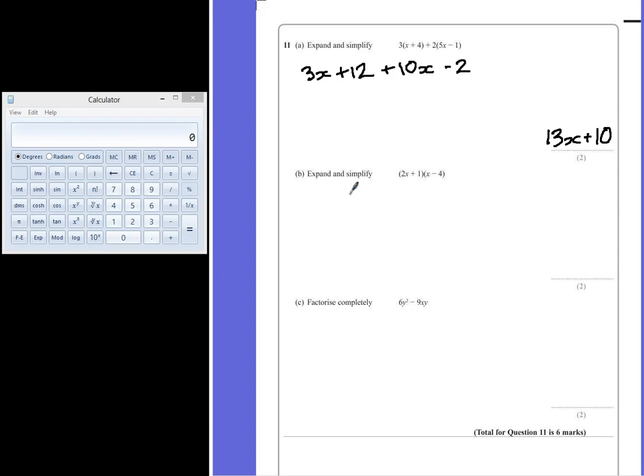So our first bracket is 2x and 1. In our second bracket we have an x and a negative 4.